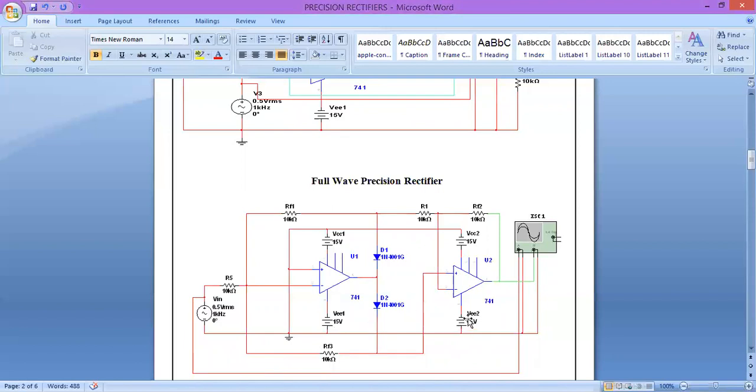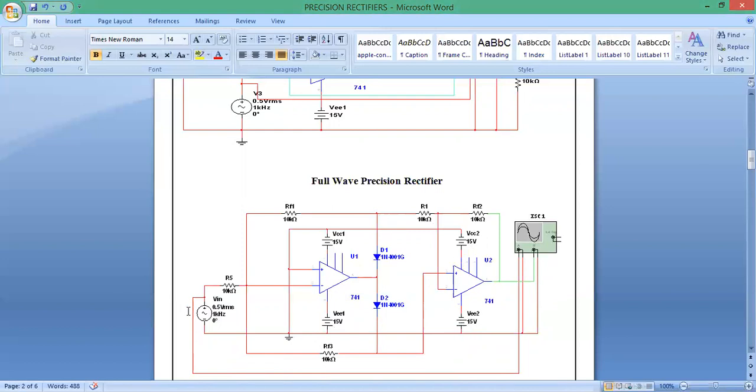Coming to the second IC741, the output of the first IC is connected to the second IC. Again pin number 7 is connected to a positive DC regulated power supply, and pin number 4 is connected to the negative power supply.